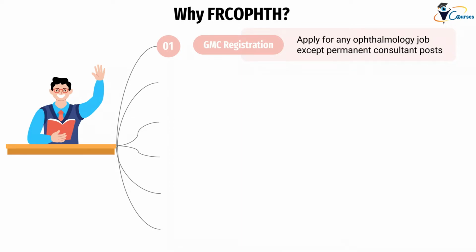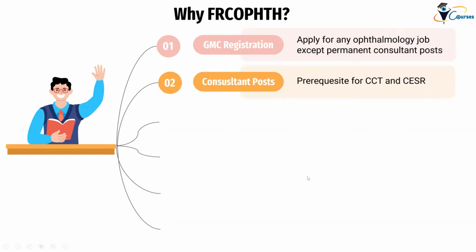There are other requirements for permanent consultant jobs. In order to apply for these permanent consultant jobs, you need to fulfill these requirements in order to enter the specialist register, so you will be able to apply for these permanent jobs. This will be the first advantage.